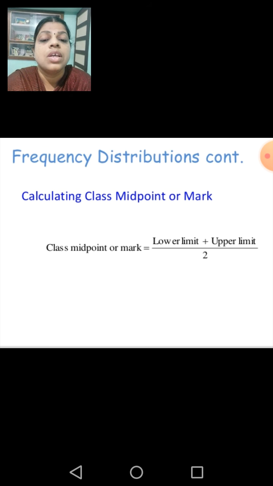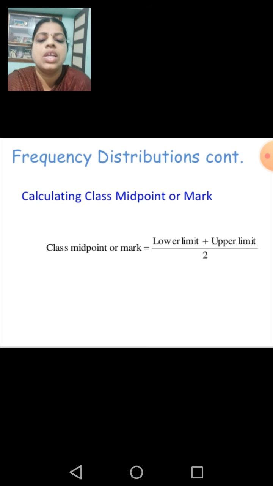If values are given, its minimum value we have to take as the lower limit, and the maximum value we have to take as the upper limit of that data. And we have to arrange the given information under different classes, and we can group such data.